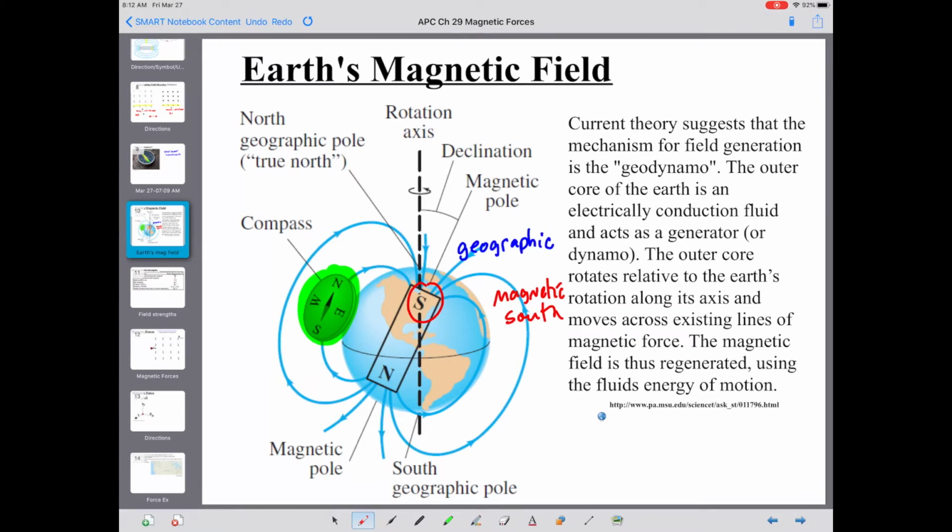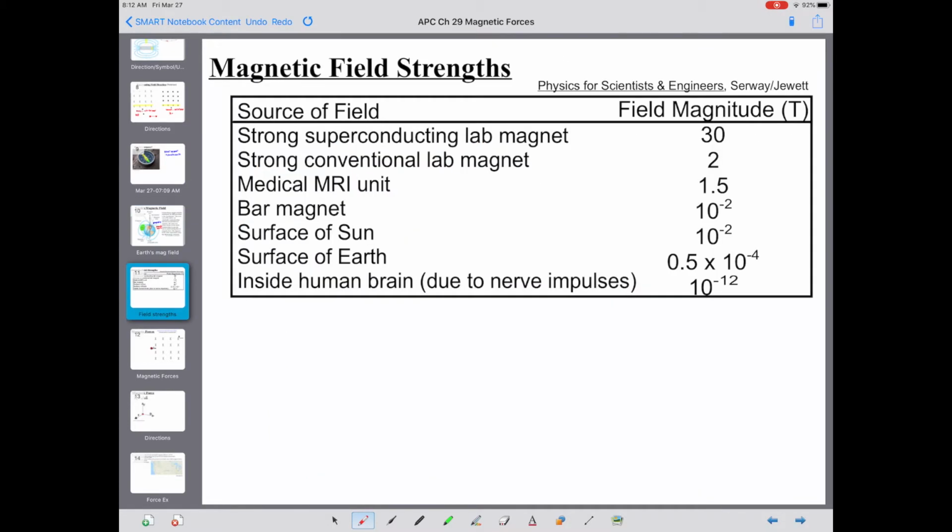Now, the Earth has a magnetic field because the molten core of the Earth has moving fluids, moving charges, and as a result that produces a magnetic field for the Earth. It is very small. Here are some values for different magnetic fields.